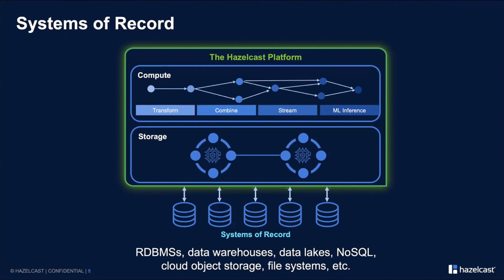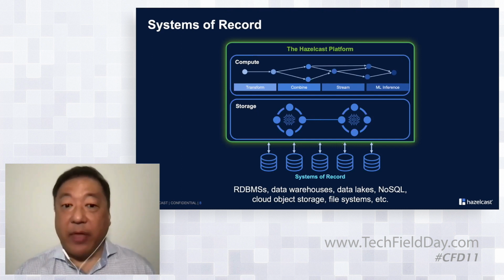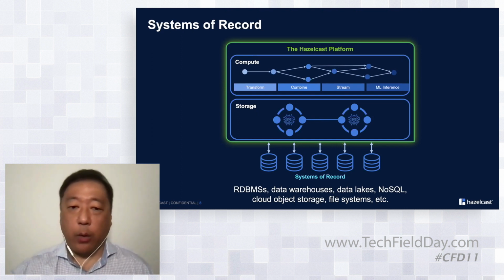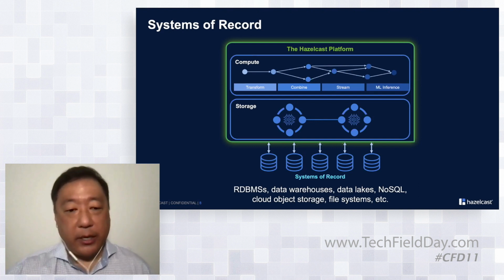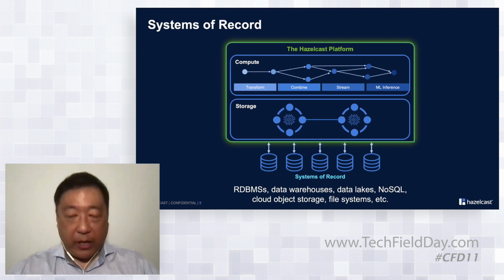And then finally, there's the reference data or the systems of record that we access, that we take in data from for the purposes of that high-speed processing. This is where we interface with existing relational databases, data warehouses, data lakes. We're not about storing all the data and providing all the indexing.